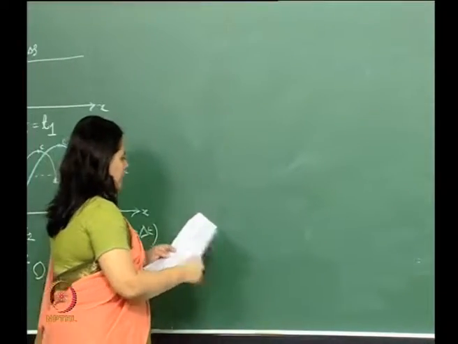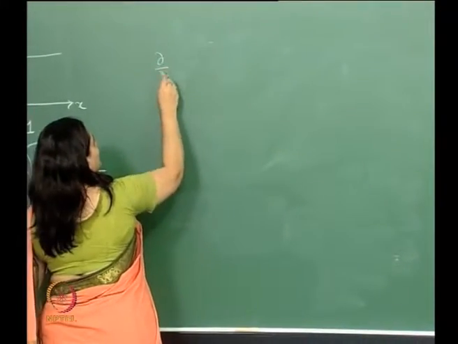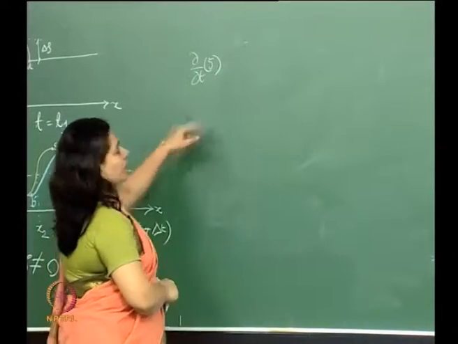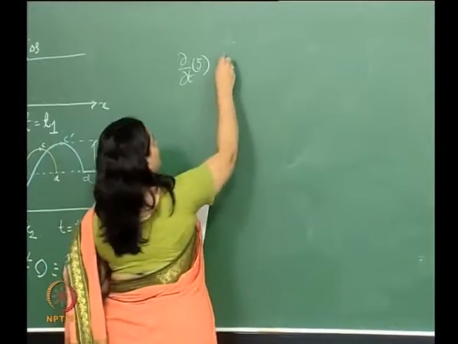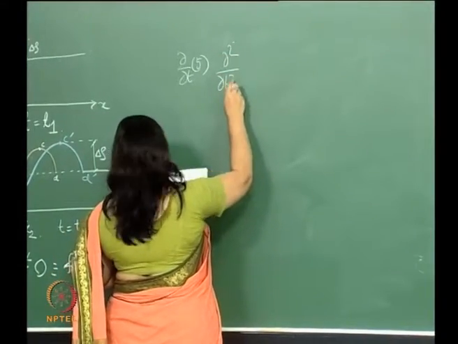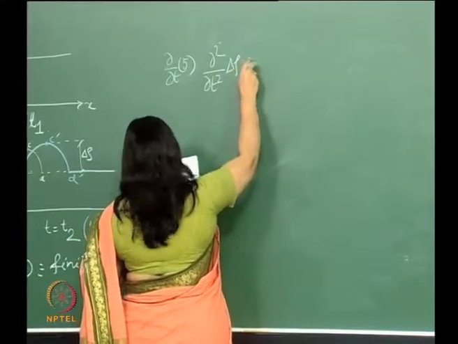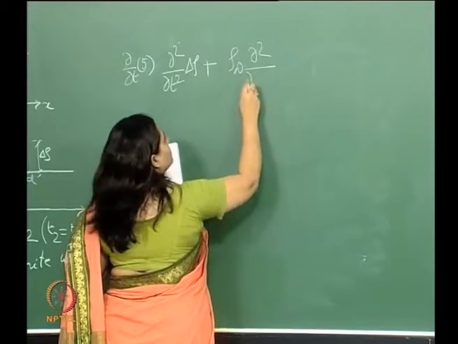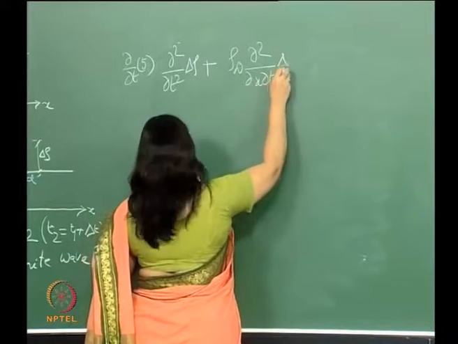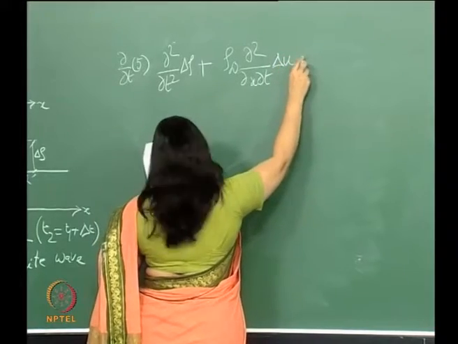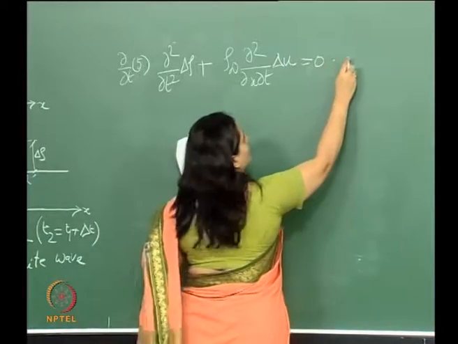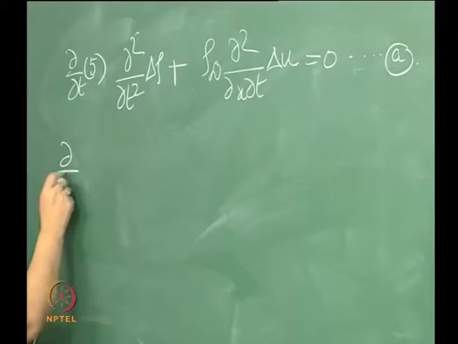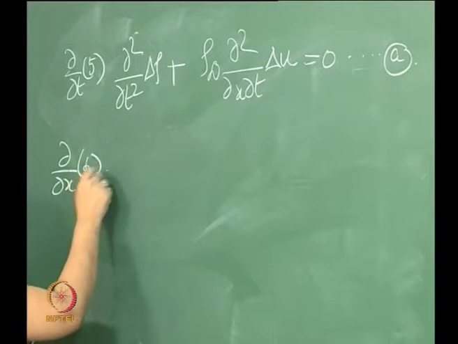okay, so what we'll do is, first, let's do this. Let's do del del t of equation 5, right? What we get here is... and similarly let us do del del x of equation 6, right.